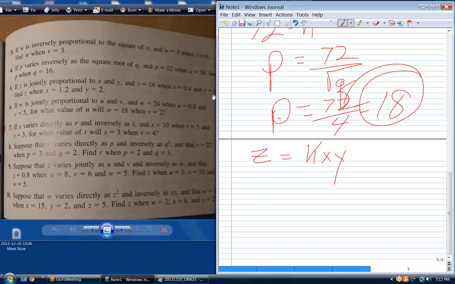It looks like it might be 3. Yeah, Y equals 3. So what's the next line I'm going to write? 18 equals K times 0.4, and then times 3. Solve for K.